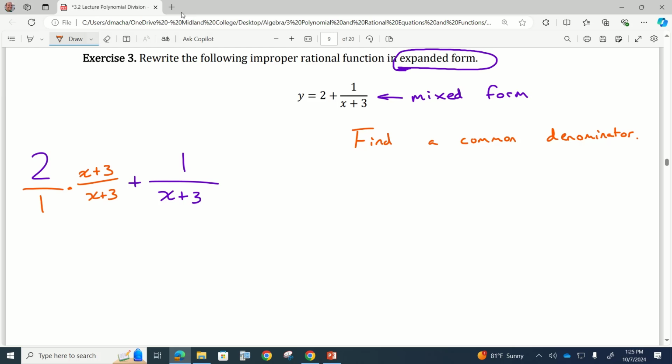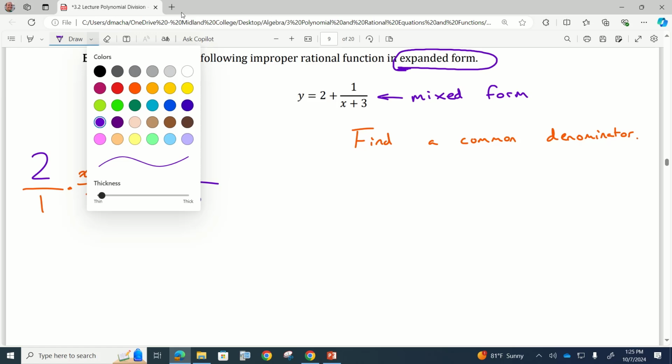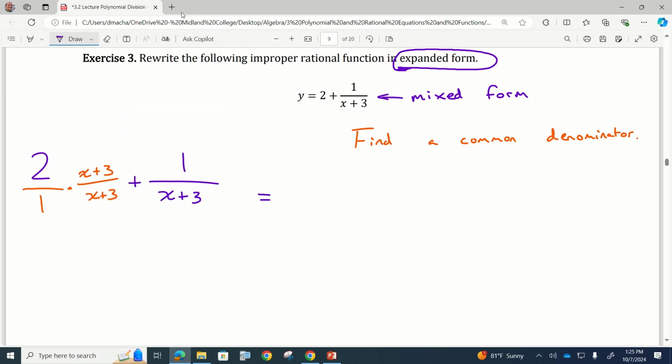But I might want to do that because now I can write 2 times x plus 3 plus 1 divided by my common denominator. And now the denominator is just x plus 3.